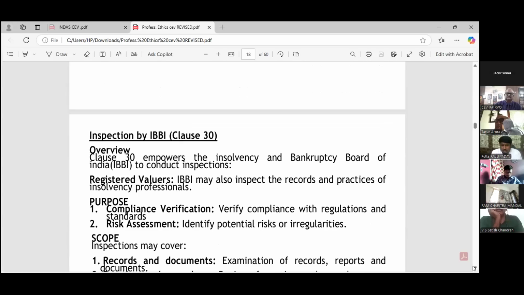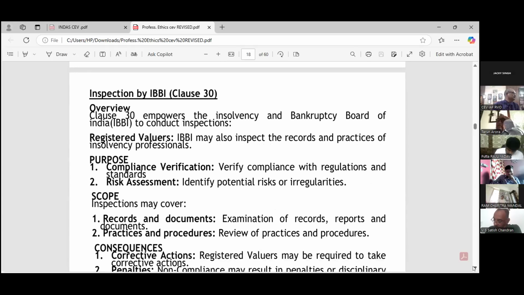Then we come to the inspection part. Inspection by IBBI. Earlier we covered the peer review by RVO. Now we come to the inspection by the IBBI, which is given in clause number 30. Overview: clause 30 empowers the Insolvency and Bankruptcy Board of India to conduct the inspection.